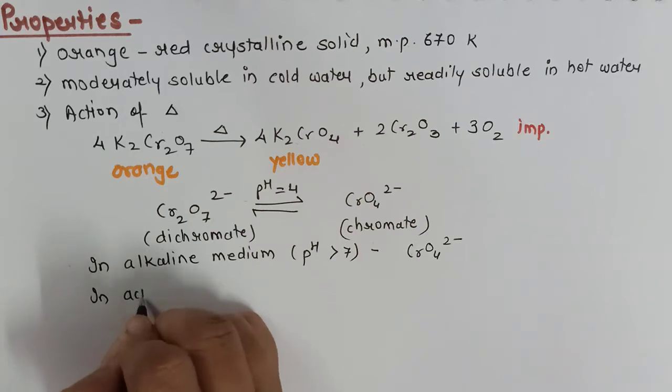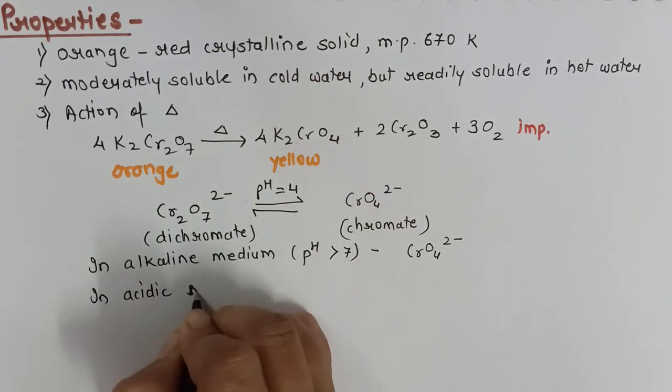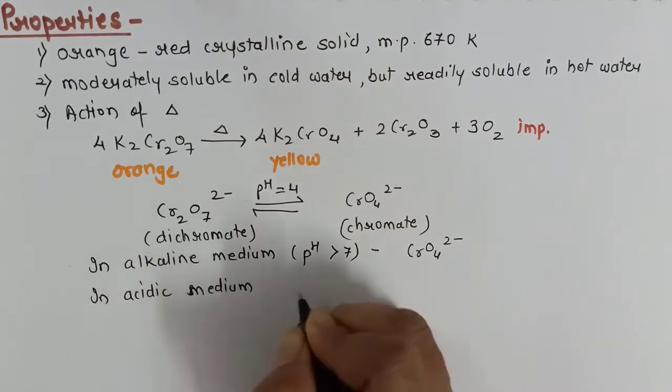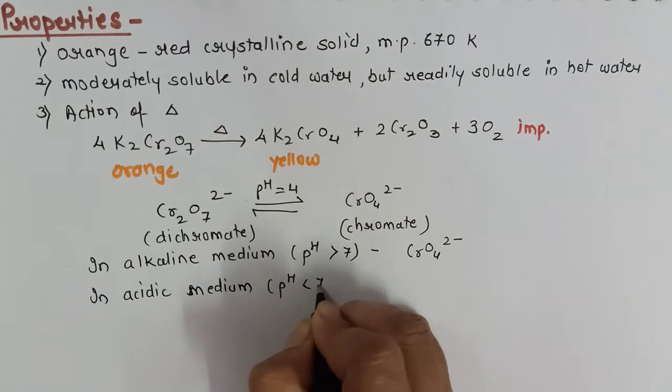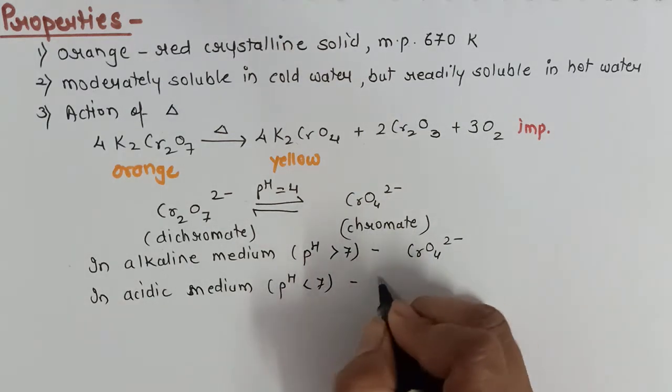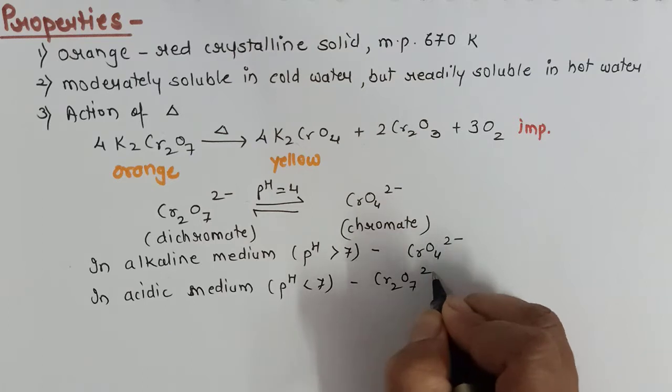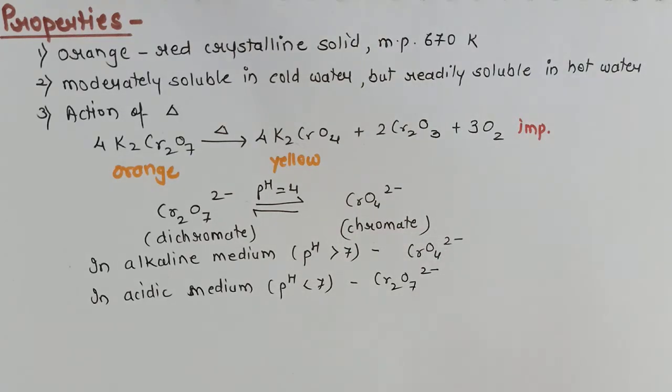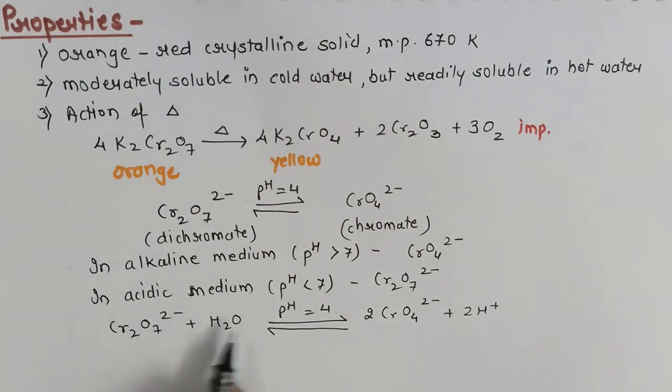Whereas in acidic medium, that is when pH is less than 7, or if I add any acid to chromate ion solution, then chromate ion will get converted to dichromate ion. And therefore maximum reactions of dichromate ion are carried out in acidic solution. So this reaction represents the conversion of dichromate to chromate in basic and chromate to dichromate in acidic medium.